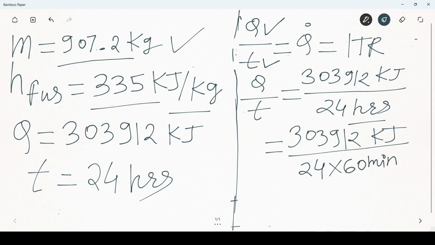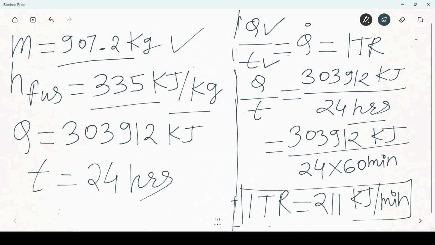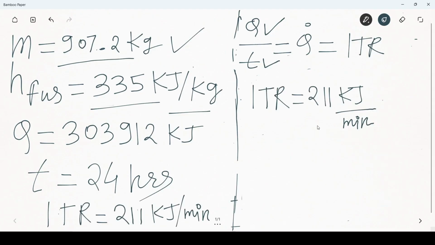So 60 minute. If you solve this, 1 TR is equal to 211 kilojoule per minute. So now we know 1 TR is equal to 211 kilojoule per minute.